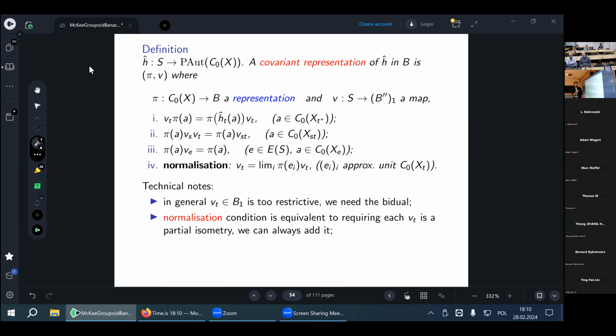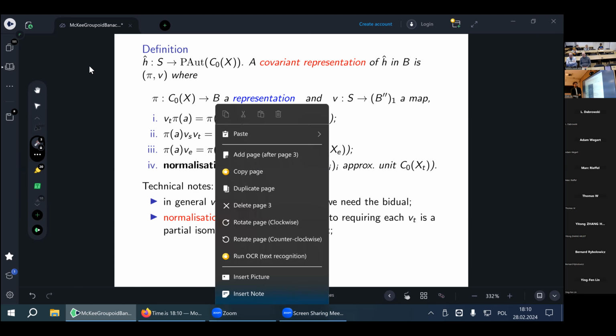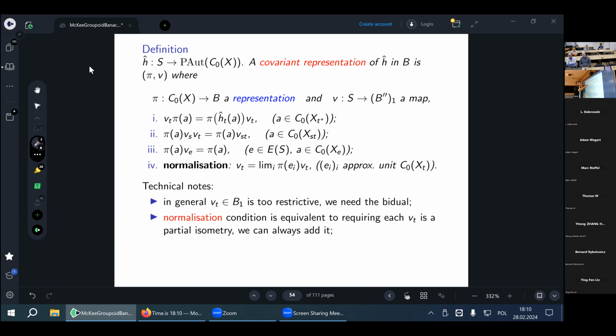So we're working in a Banach algebra B; VT lives in a Banach algebra B, or maybe B double prime, so a Banach algebra with either Arens product. So we need this double dualization only for this normalization and for being partial isometries. Yeah, this caused us problems.